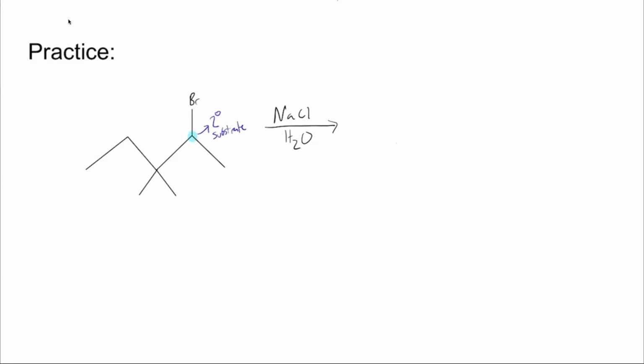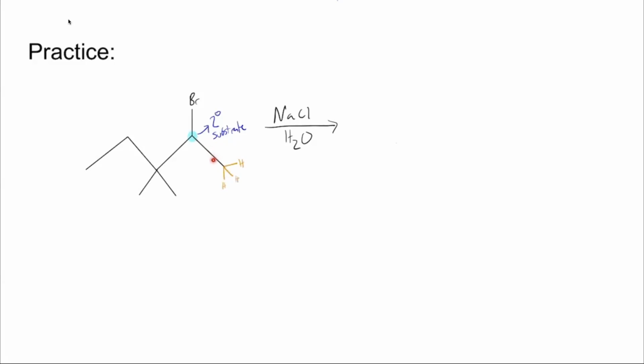And then, just as we looked at last time, we want to see if there are any hydrogens that are anti-periplanar to our bromine. And once again, this 1 carbon down here has 3 hydrogens on it. This is a single bond right here. It's an alkane.